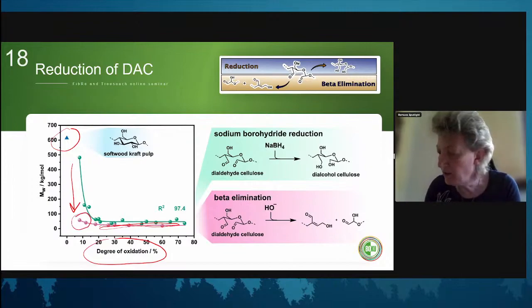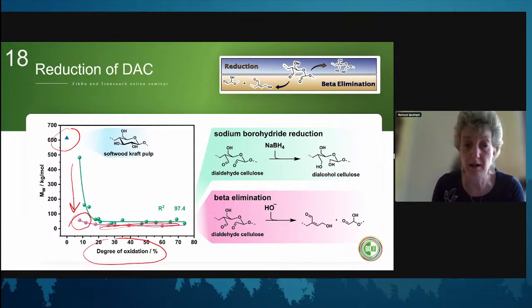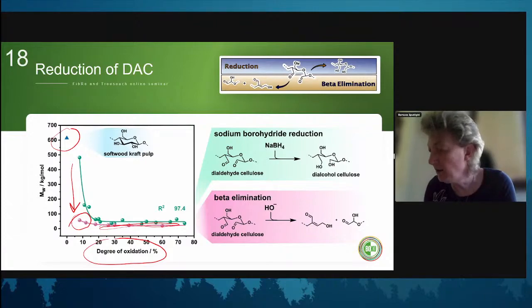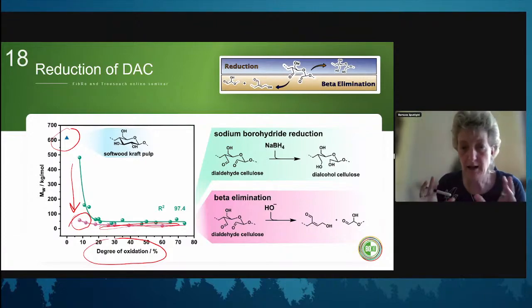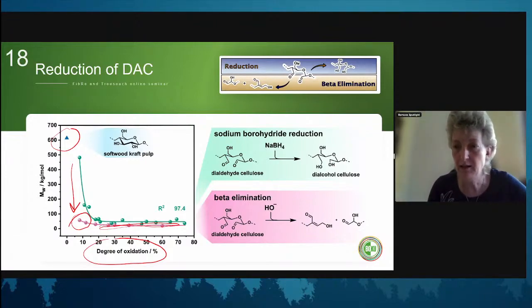And the red curves here, those are just alkalinity. This is just the beta elimination. And the curve is slightly lower, but roughly we arrive at pretty much degraded celluloses. That means our periodate oxidized material has only limited stability under alkaline conditions.